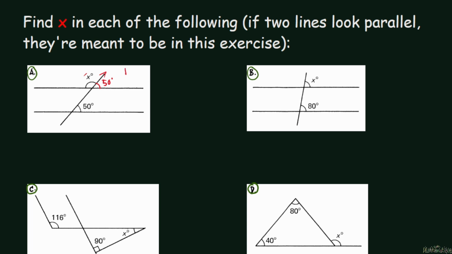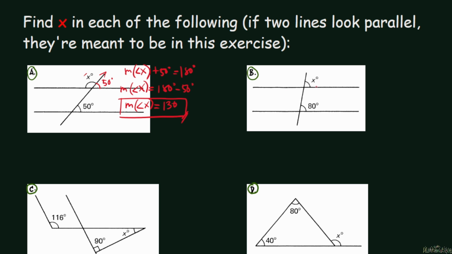So we can write that the measure of angle x plus 50 degrees is equal to 180 degrees. Then the measure of angle x is equal to 180 degrees minus 50 degrees. So our x, or the measure of that angle, is equal to 130 degrees. So that's the answer for letter A.